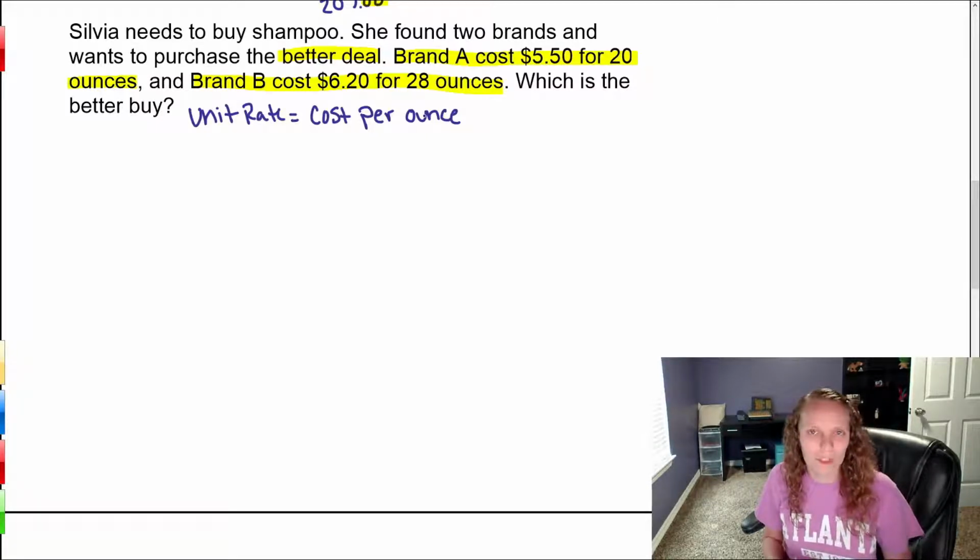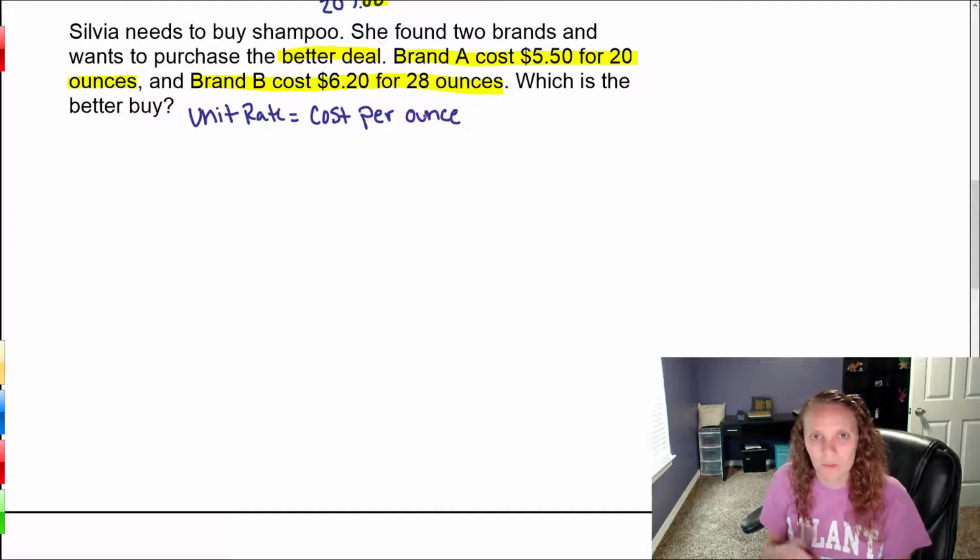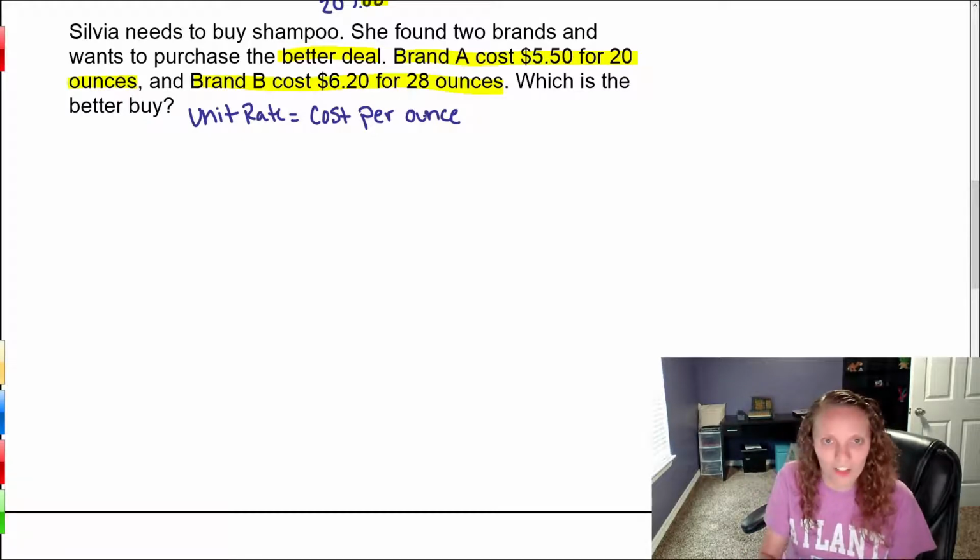I don't know if you've been to Walmart or Brookshire's or some other store, and on the price tag it'll say unit price or unit cost or unit rate, and then it's usually a smaller number than the original cost of the whole thing, and that's telling you what the unit rate is for that particular item.